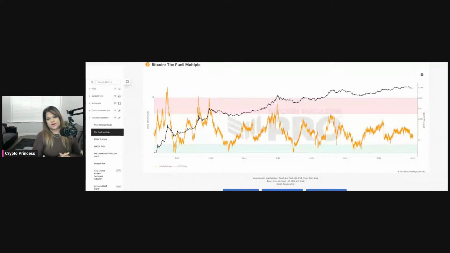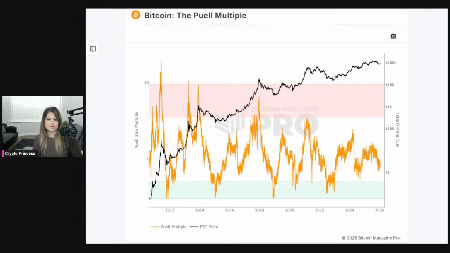With this, we're looking at a little bit more than just the price action. 1 second, let me move it to the side. So the Puell Multiple is an on-chain indicator, and what it shows us is about miners.